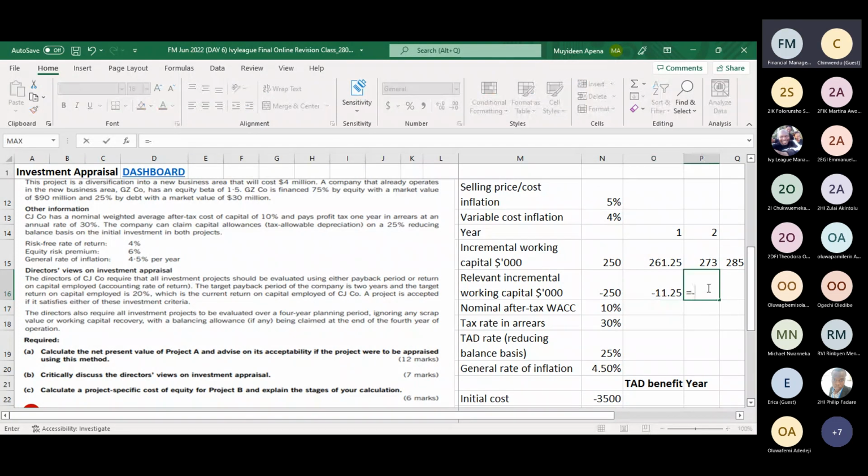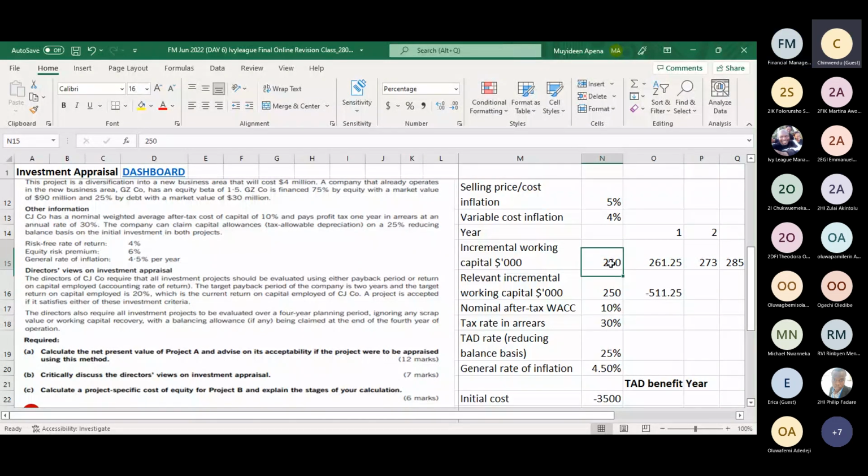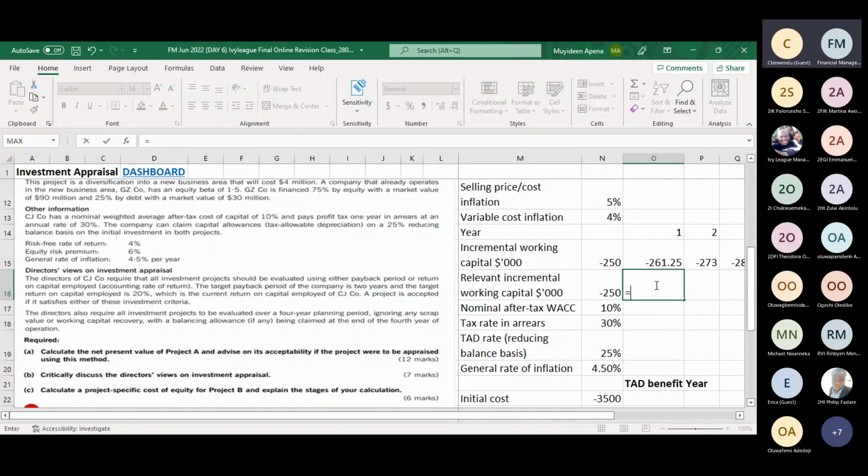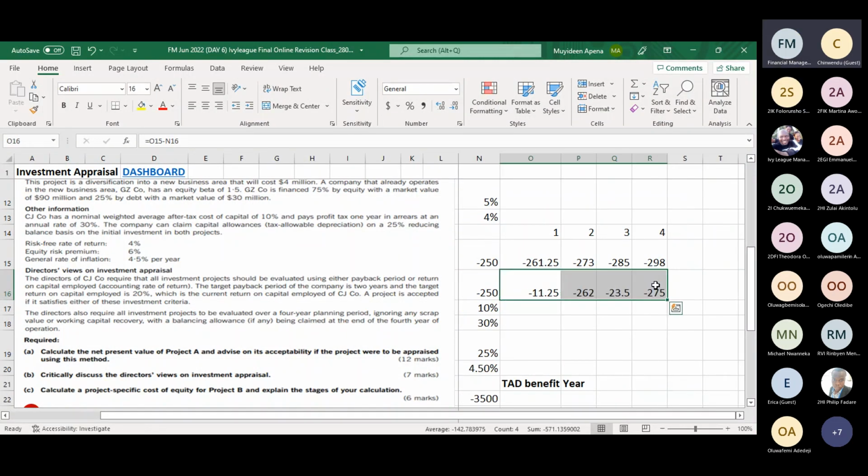Okay, it increased to 273. Let's even represent it from here as negative. So this will be equal to this minus this. So the next one, continue like that. And this is how we have it.